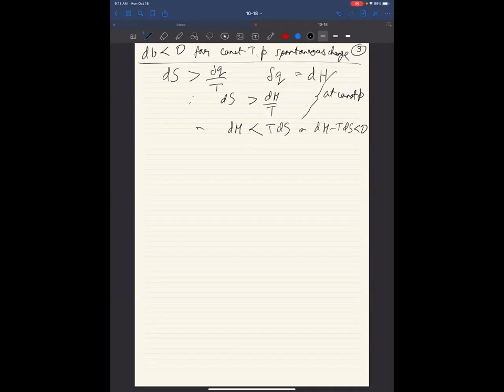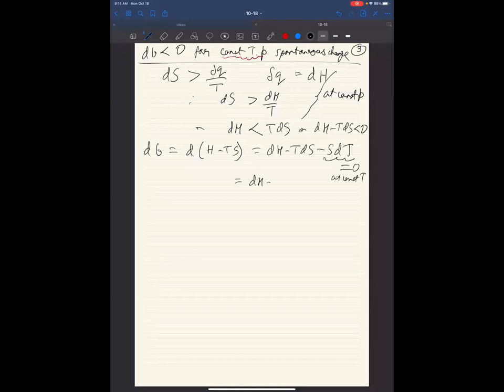So now let's go and look at dg, and we see dg negative is the same as dh minus tds negative. So dg is equal to d of h minus ts, which is equal to dh minus tds minus s dt. We are talking about constant temperature and constant pressure. So once again, this term becomes 0 at constant temperature. And we don't have to worry about constant pressure in this equation because there is no pressure term.